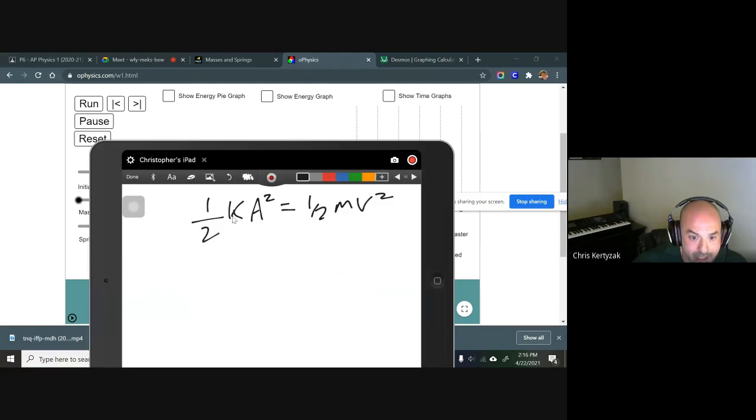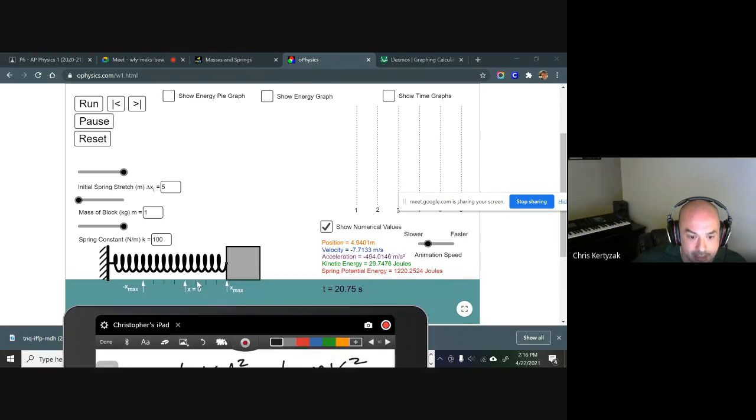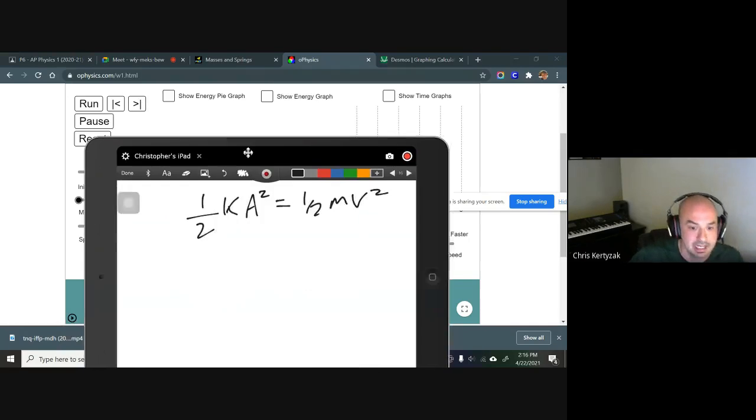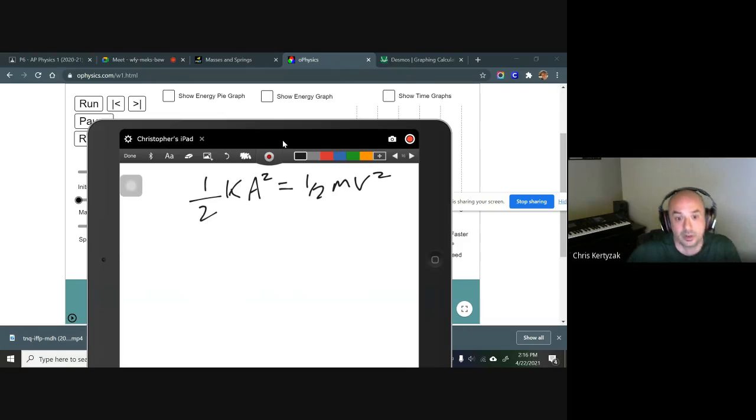It's whatever 1/2 K times delta x squared is, where delta x is A, the amplitude. If it comes out as 1,000, then the total mechanical energy is 1,000 joules. How about now? It's 1,000 joules. How about now? It's 1,000 joules. At all points, the total mechanical energy would be 1,000 joules if 1/2 Ka squared came out as 1,000 joules, because we're assuming no loss of energy. If there is a loss of energy, then that's called damping. We'll talk about that later.